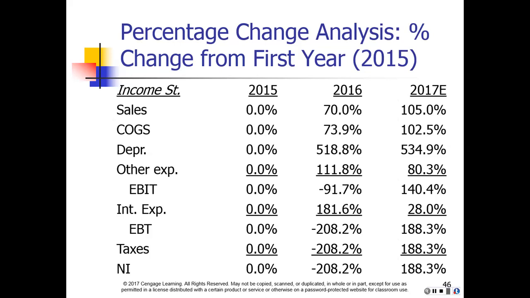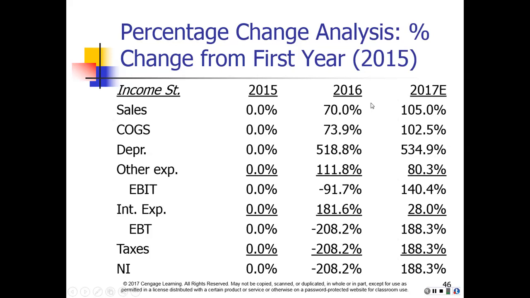Divide that by 2015 sales of 3,432,000, and you get 1.7. So that means that in 2016, sales are 170% of 2015 sales, which means the growth was 70%.